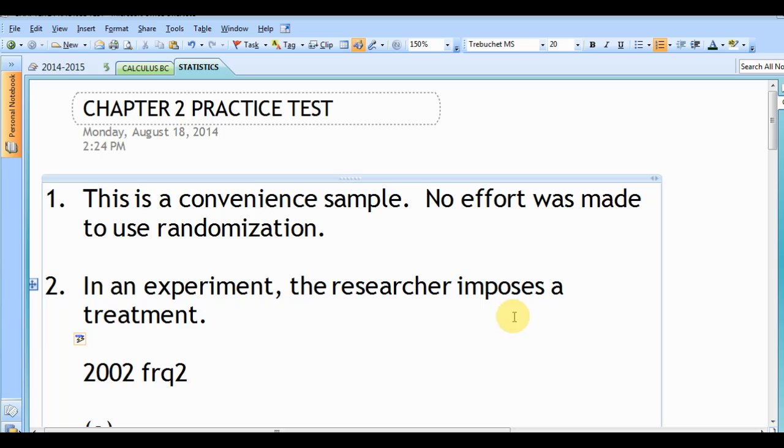Would that be an experiment because you're showing a video, or would that just be an observational study? I would say that's an experiment. Yeah, if you're making a decision for the subjects, like you will watch this video, then that's going to be an experiment. So if you just walk into any movie that you didn't pick out, that would be an observational study. Yeah.